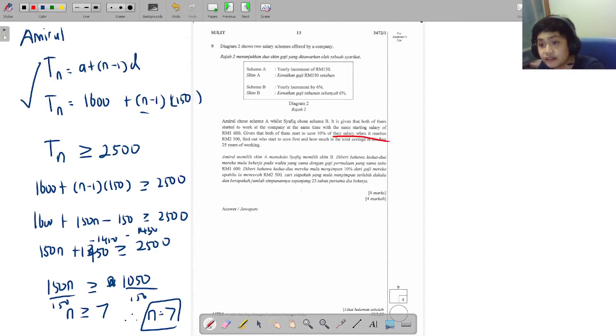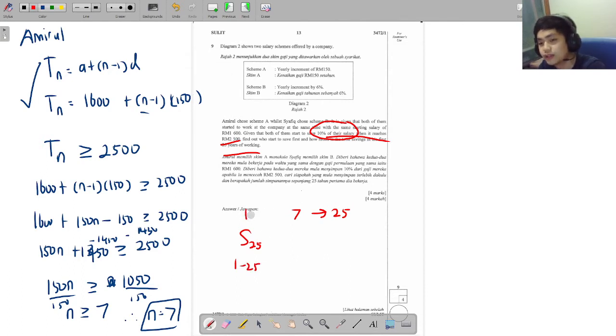So second part, they want the total savings in his first 25 years of working. The thing is that he only starts saving 10% of his salary after he reaches 2,500. So technically speaking, he can only start saving from the 7th year to the 25th year. I can't just simply write S25, because S25 means I'm starting from the 1st to the 25th year.